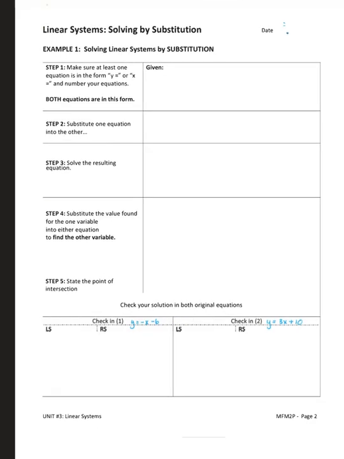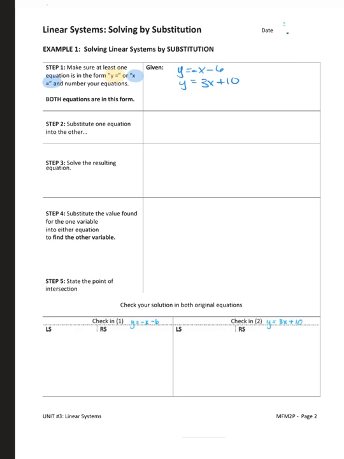So let's just say I have these two equations. I have y equals negative x minus 6, and y equals 3x plus 10. The first step of solving by substitution is that we want to make sure that at least one equation looks like a y equals equation or an x equals equation.